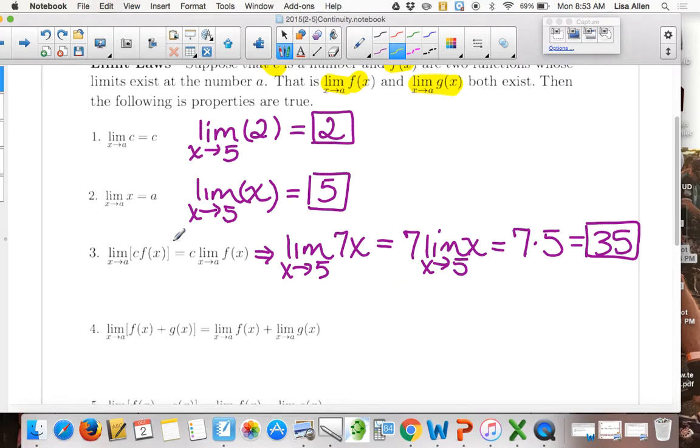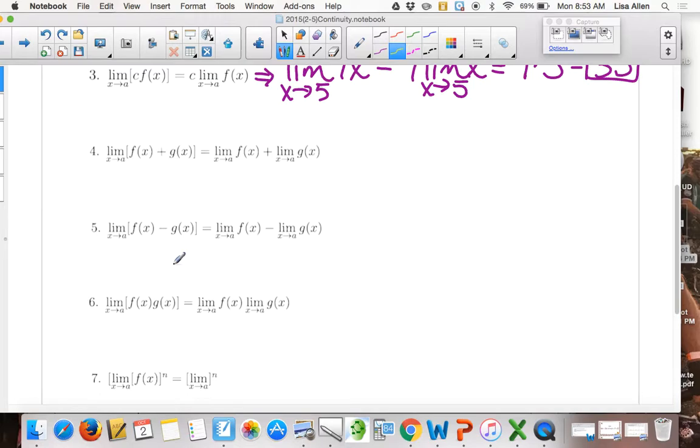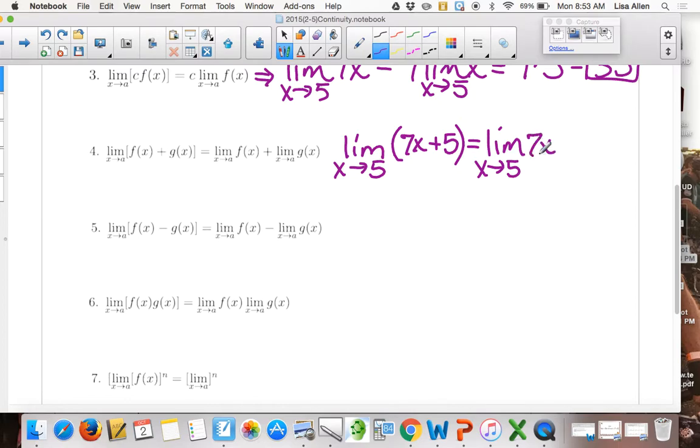Okay, so now the limit of a sum is equal to the sum of the limits. If I have the limit as x approaches 5 of 7x plus 5, then that's equal to the limit as x approaches 5 of 7x plus the limit as x approaches 5 of the number 5.